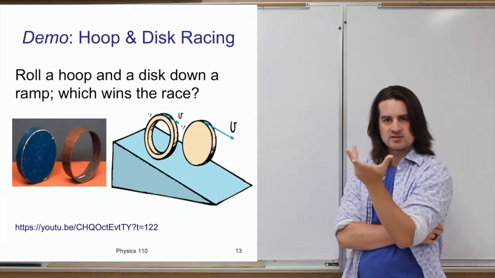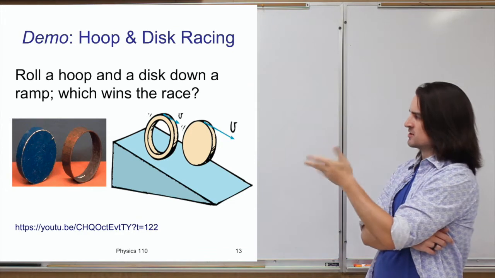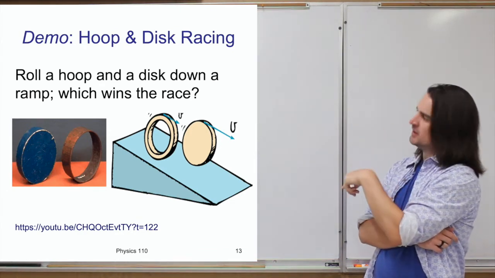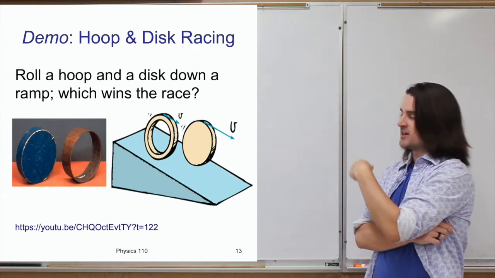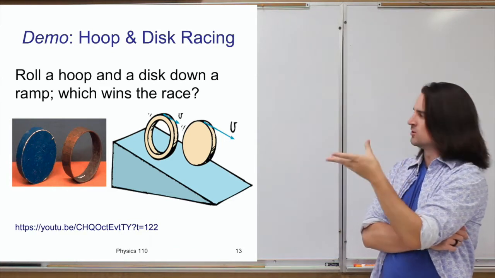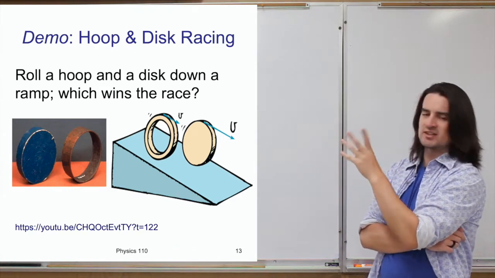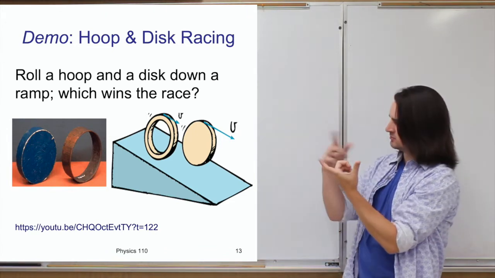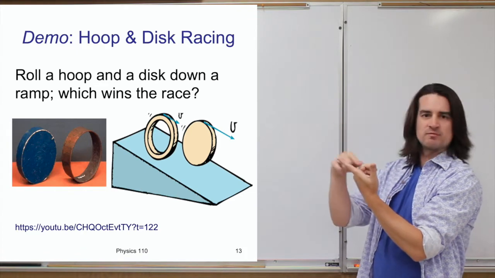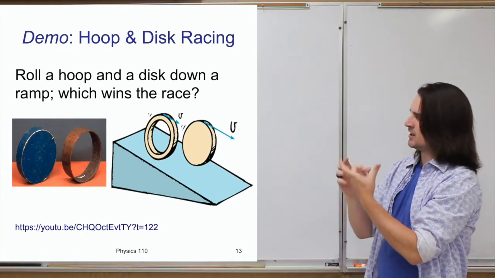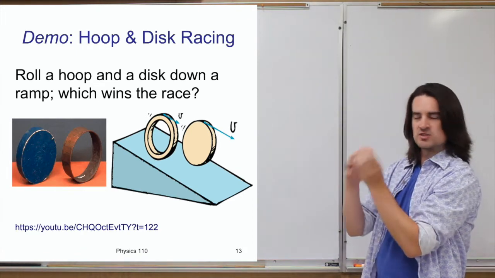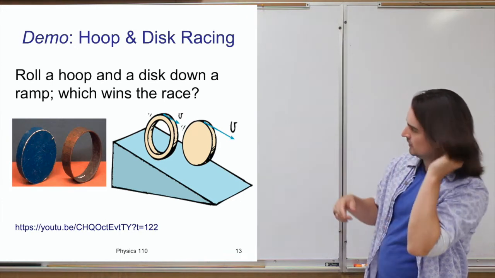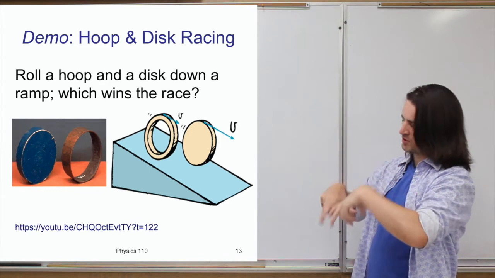It's the same mass of materials, so one's a heavier material than the other, and the radius and the circumference are the same. So they're essentially almost the same objects, except that one is a hoop, meaning it's hollow, there's no inside to it, same amount of mass, same radius, and one's a disc, so it's solid, but same amount of mass and same radius.